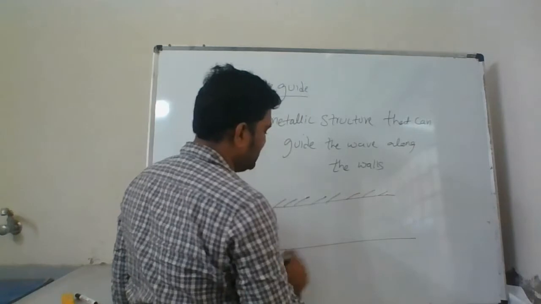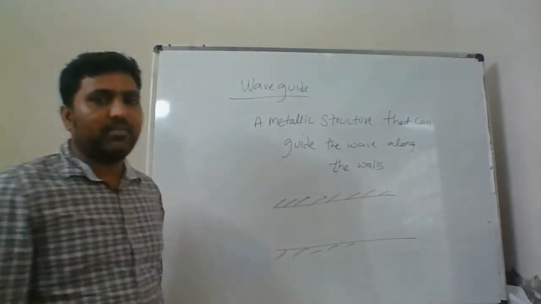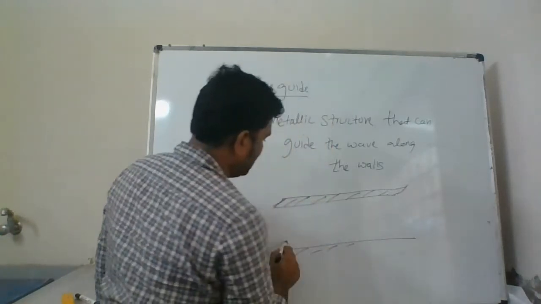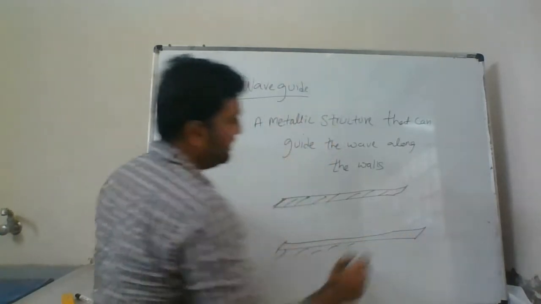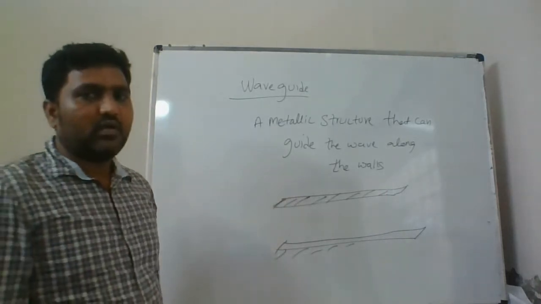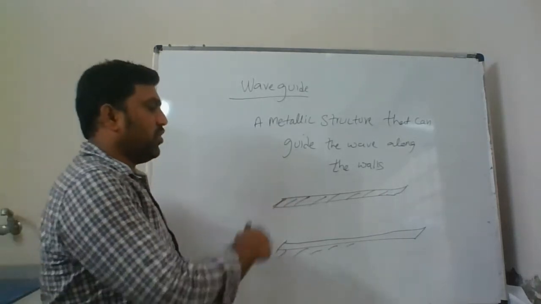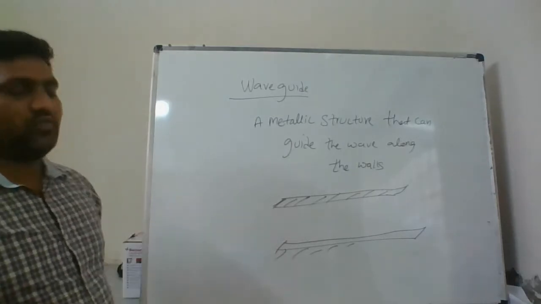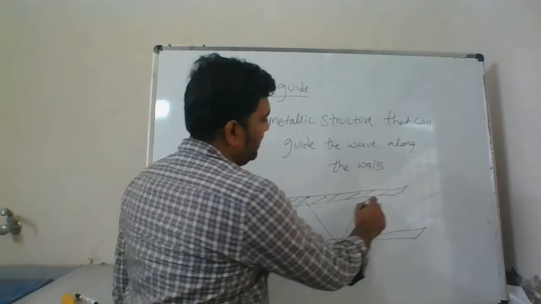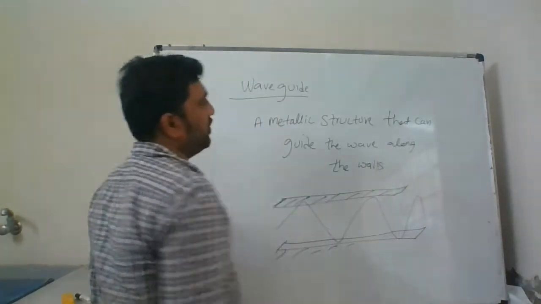For example, if I consider a general case, a parallel plane waveguide, I have two metal conductors placed parallel to each other like this, and inside these two conductors I have hollow space. This structure will guide the EM wave to propagate through it with the help of reflections along the walls.